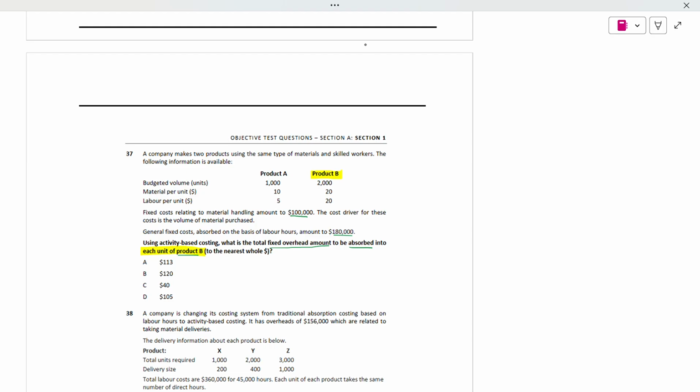B. BB 120. How? Is it not correct? Yes, correct.